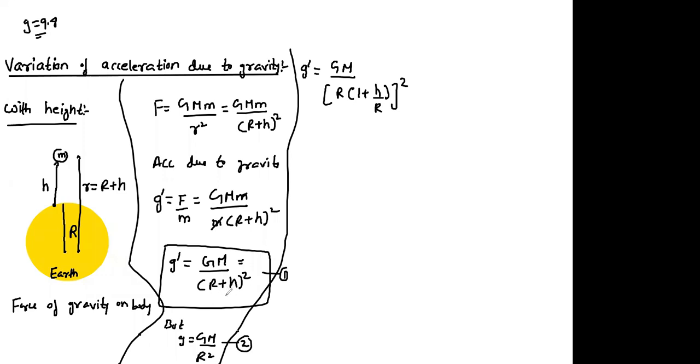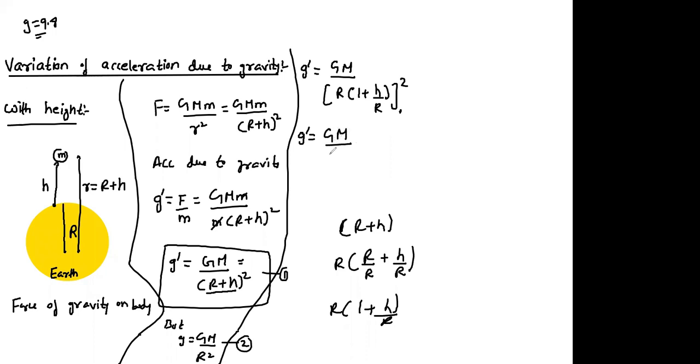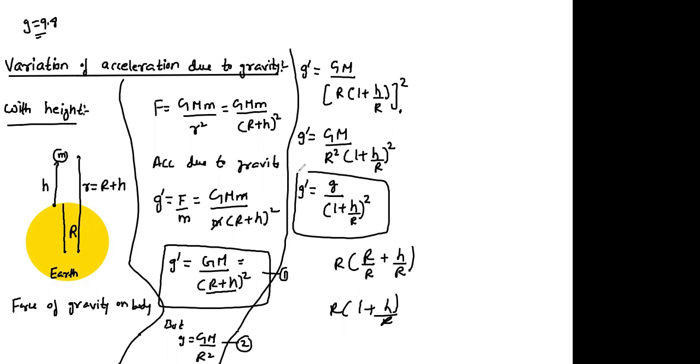And if I divide this h by capital R, it becomes h by R. This squared, so you can write this as G M over R square, then (1 plus h by R) whole square. Then you can write your G M by R square as small g. So this is g over (1 plus h by R) whole square. That's the value of g prime. So this is how you can write your g prime in terms of g.